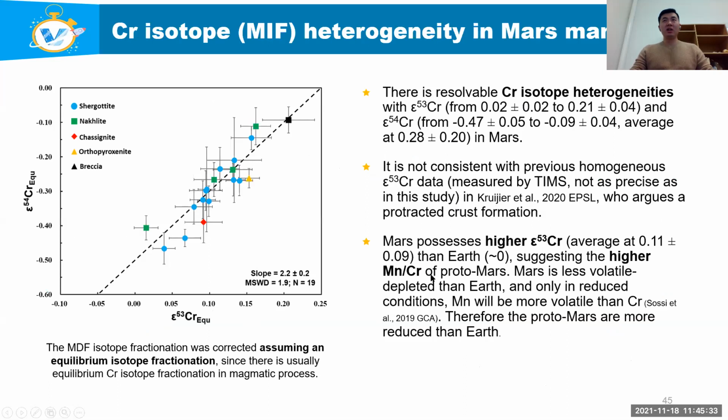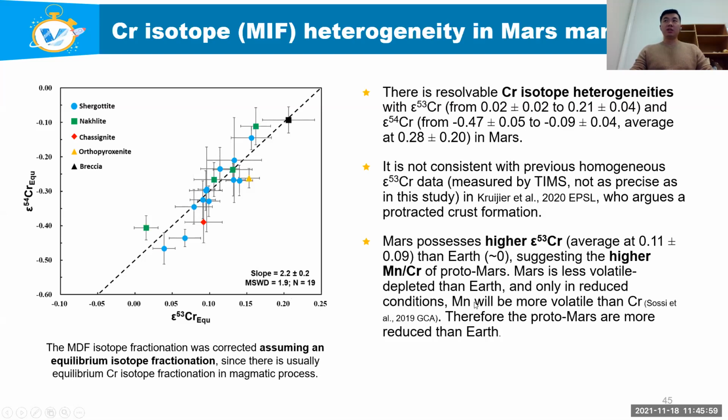It is not consistent with the previous homogeneous epsilon 53 data, but the data in that paper, made by other teams, are not as precise as my data. And we should also see that Mars possesses higher epsilon 53 chromium values than Earth.